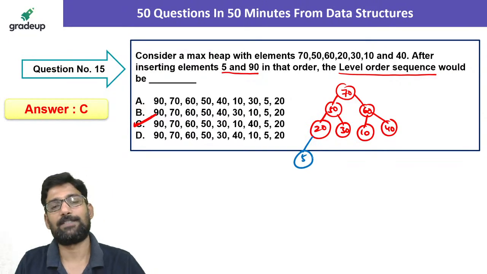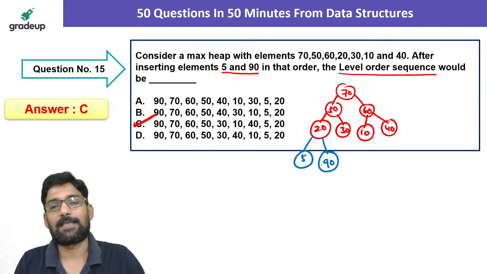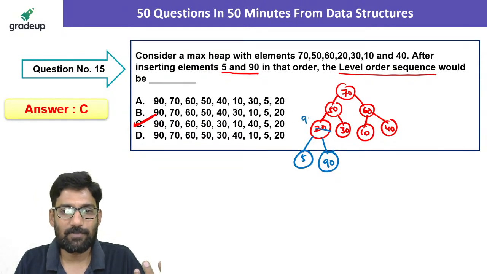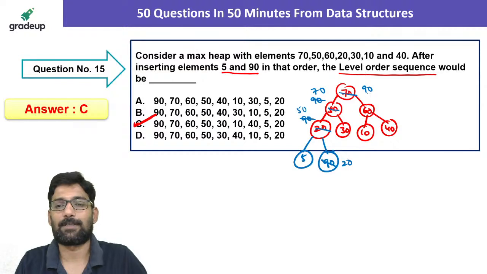So it satisfies structuring property, ordering property. Now we insert 90. It is satisfying the structuring property but not ordering property. So we will swap 90 and 20, 90 and 50, 90 and 70. So now level order traversal 90, 70, 60, so on.